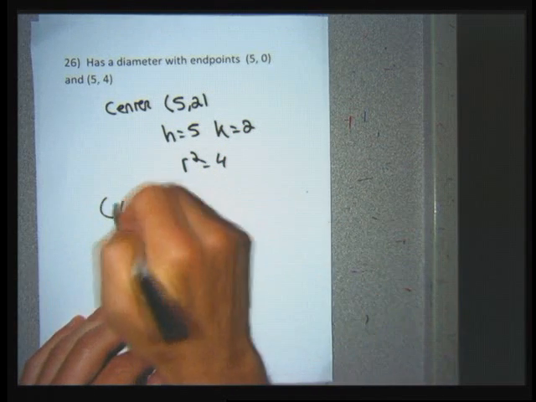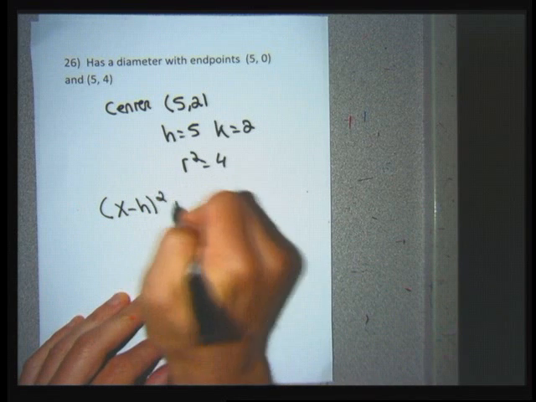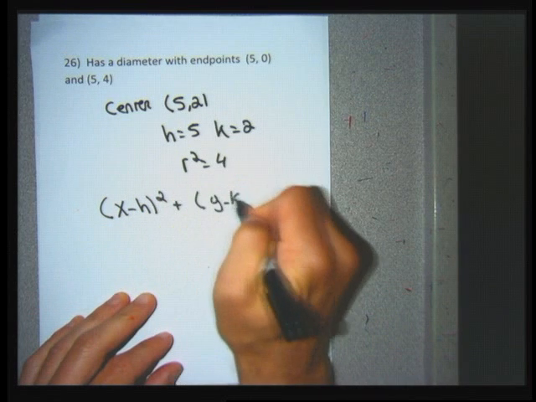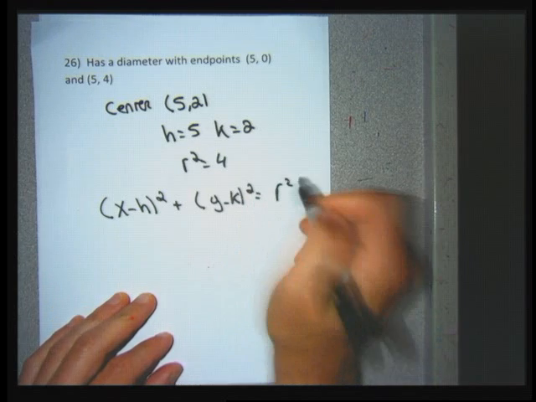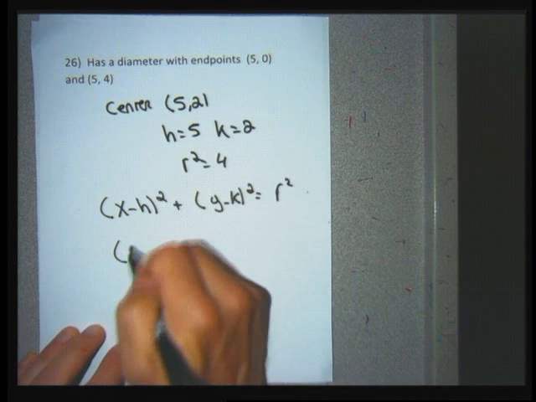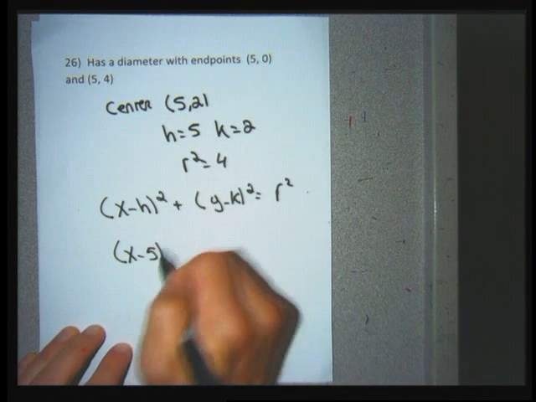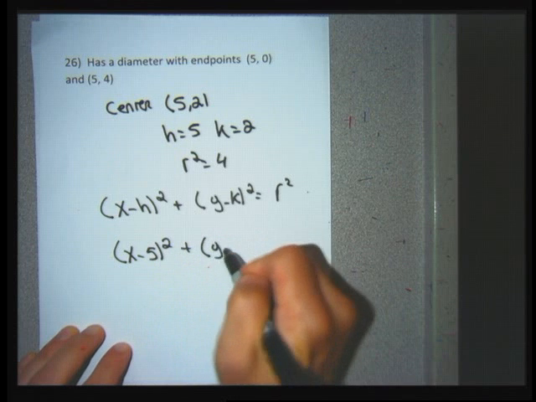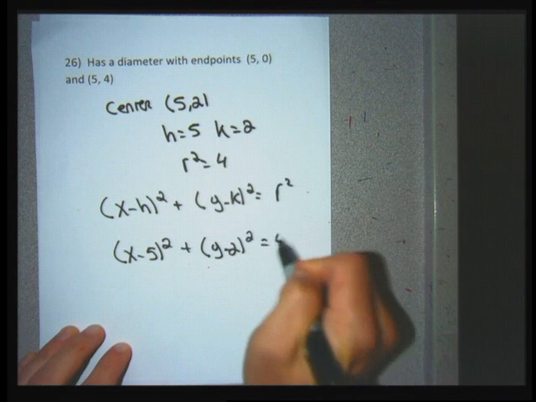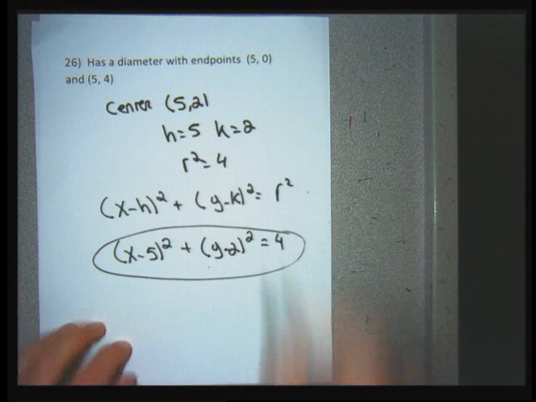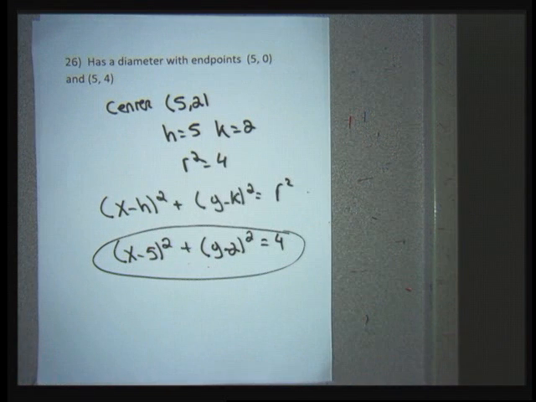Again, for the last time, the formula is x minus h quantity squared plus y minus k quantity squared equals r squared. I'm going to plug in the information I've computed and get my answer. So the equation of a circle that has diameter with endpoints 5,0 and 5,4 is x minus 5 quantity squared plus y minus 2 quantity squared equals 4.